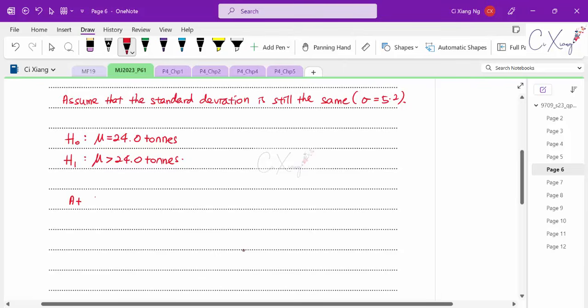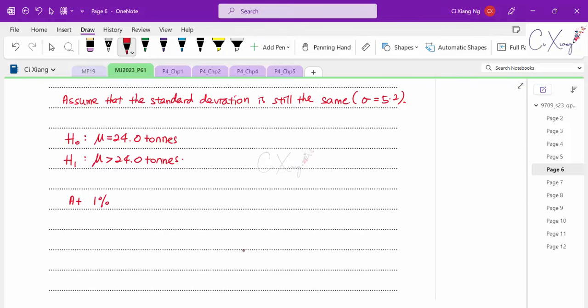At 1% significance level, what is the Z value? If you want to have a look, the diagram should be something like this.